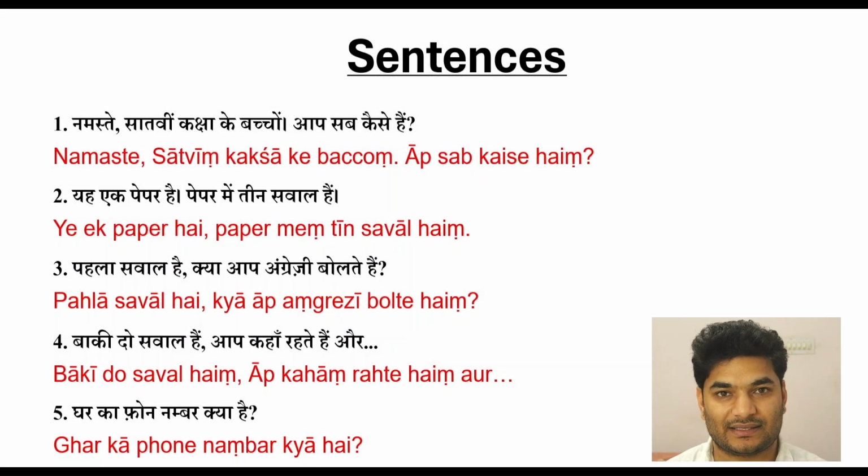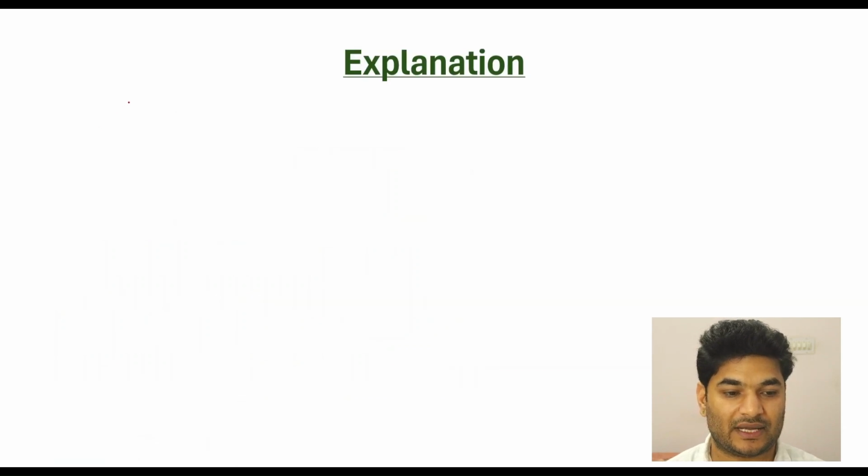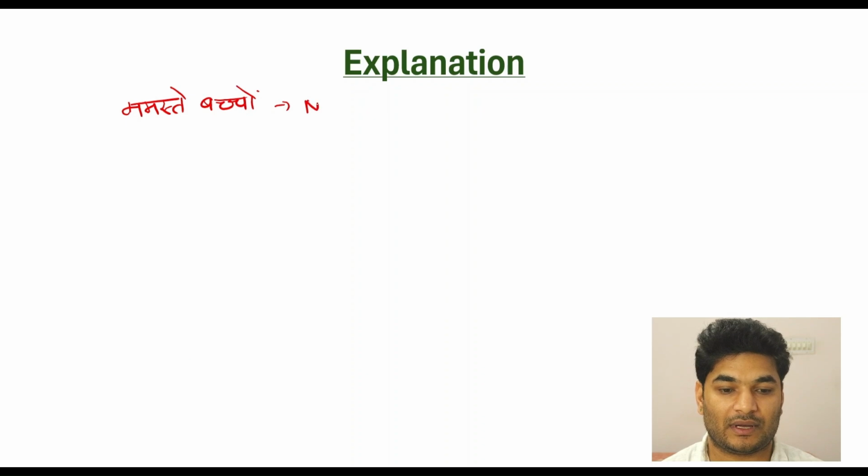So now let's discuss the grammar behind these sentences. The first sentence is Namaste सातवीं कक्षा के बच्चों. In the first chapter, we saw that the very first sentence Raju uses is Namaste बच्चों, hello children.